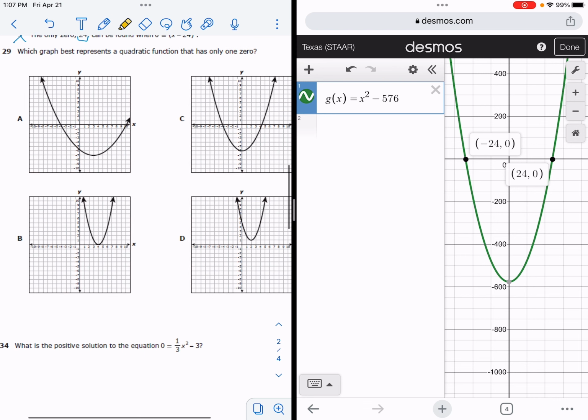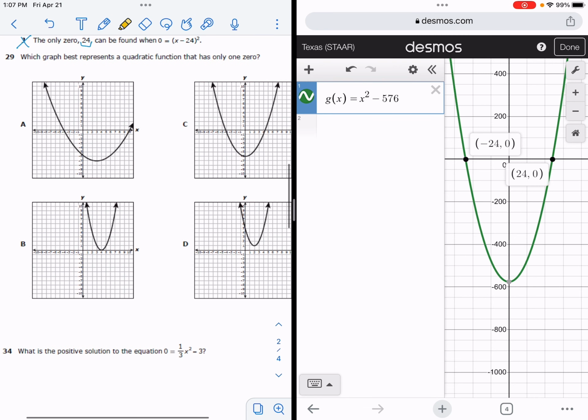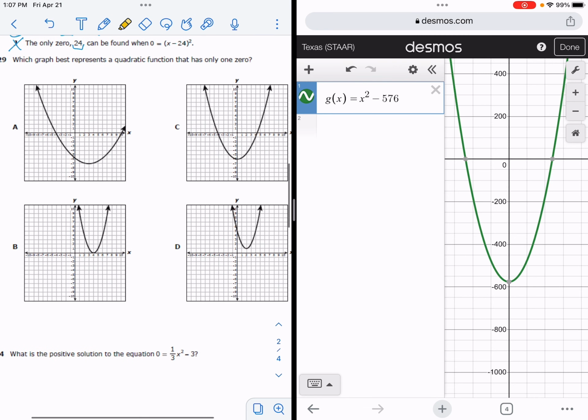All right, which graph best represents a quadratic function that only has one zero? So they're testing you. They want to know if you know that a zero is the same as an x-intercept. And so this function has two x-intercepts. This function has two x-intercepts. This function has one.